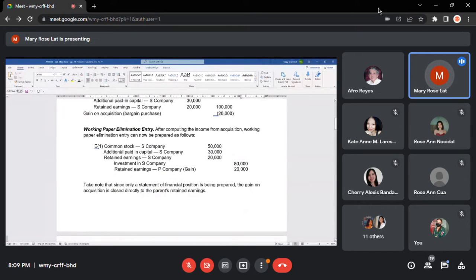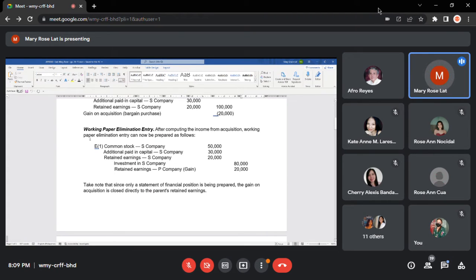Working paper elimination entry. After computing the income from acquisition, working paper elimination entry can now be prepared as follows. Debit common stock S Company 50,000, debit additional paid in capital S Company 30,000, debit retained earnings S Company 20,000, credit investment in S Company 80,000, credit retained earnings P Company gain 20,000.